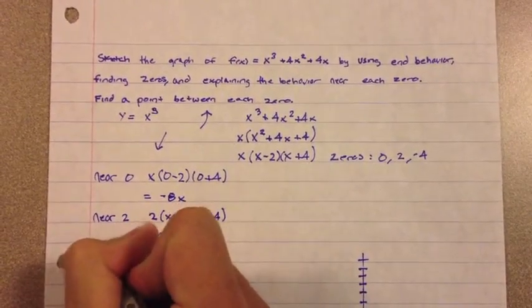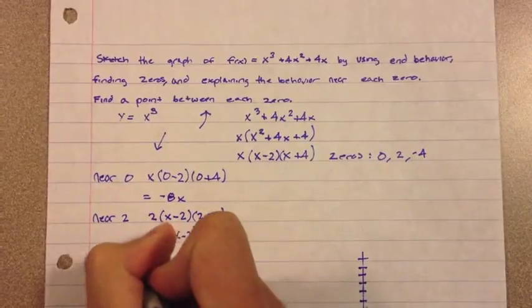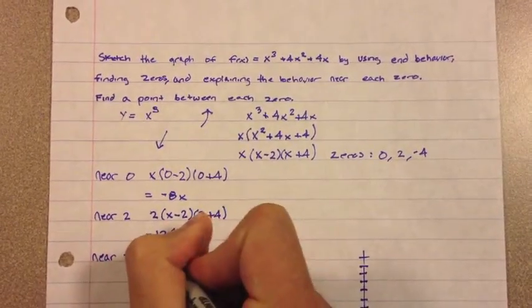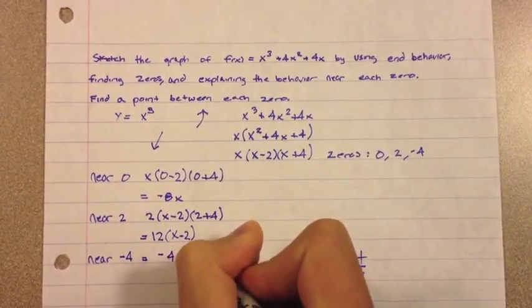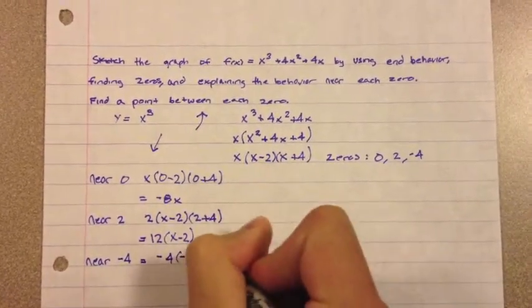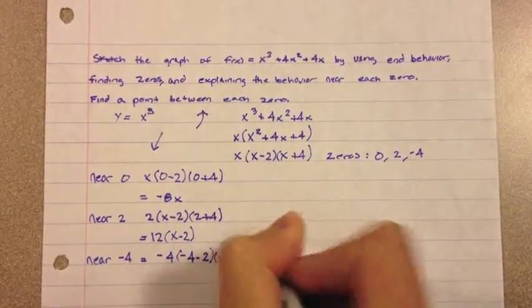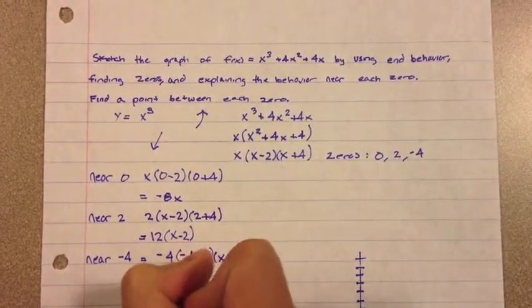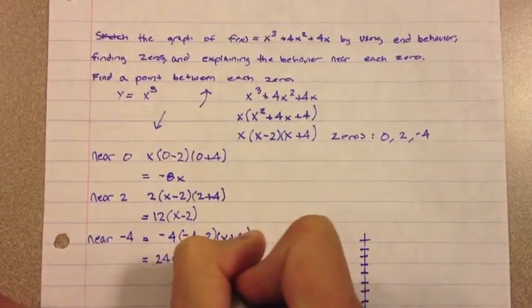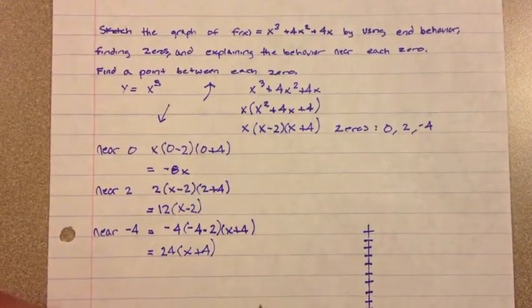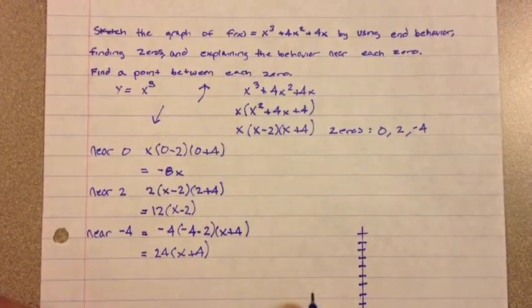And then behavior near negative 4, again you plug it in to each factor except its own. And then the behavior is going to have a slope of 24, and then it's going to cross through negative 4.